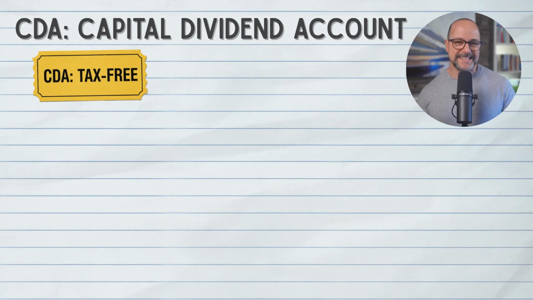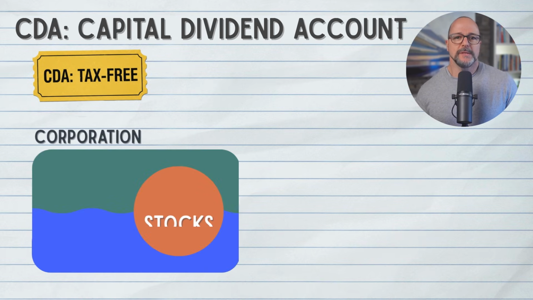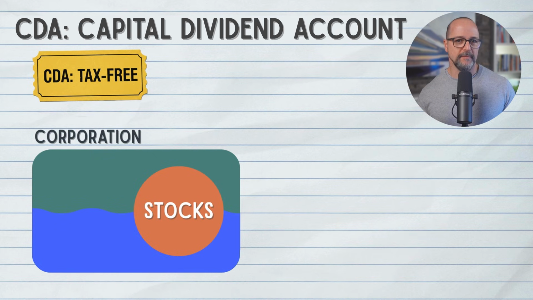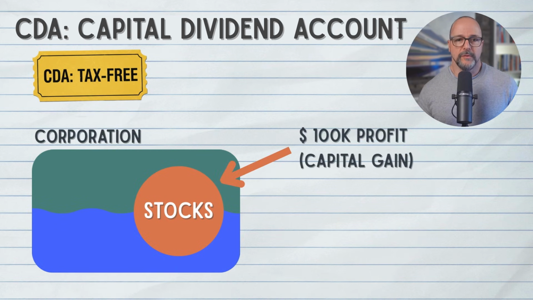So let's walk through the big three with Dr. Alex. First up is the CDA, the Capital Dividend Account. This is the tax-free coupon. So let's say Dr. Alex bought some stocks inside of his corporation and he sells them a little while later for a $100,000 profit.